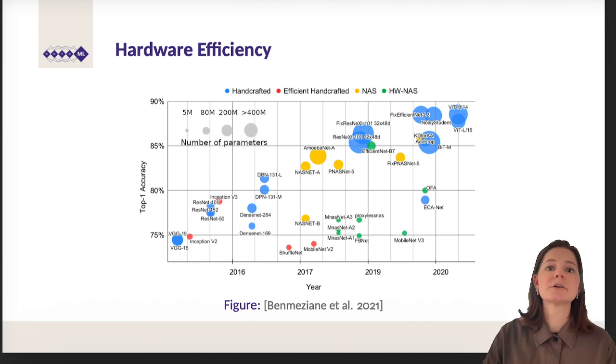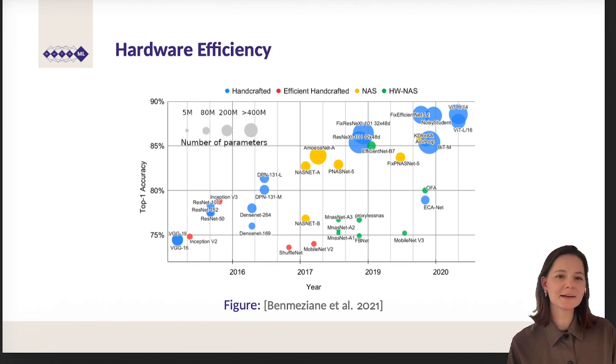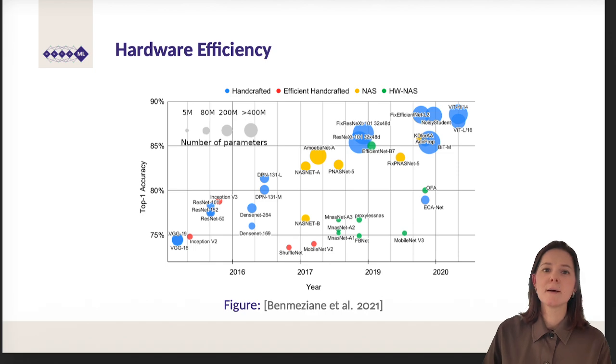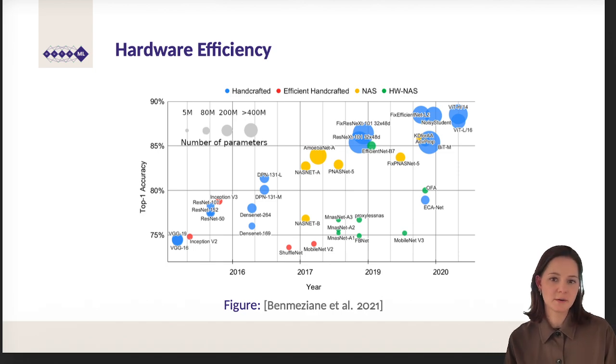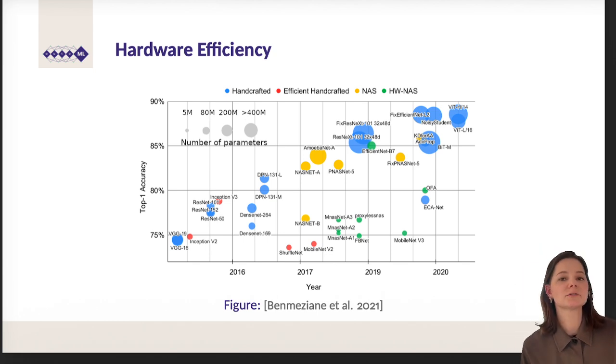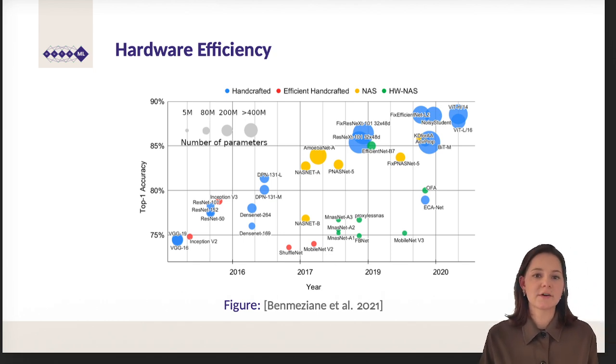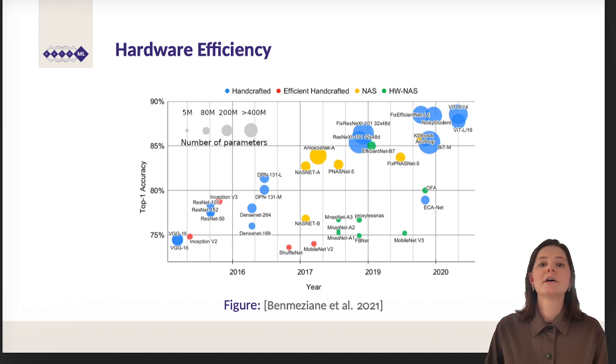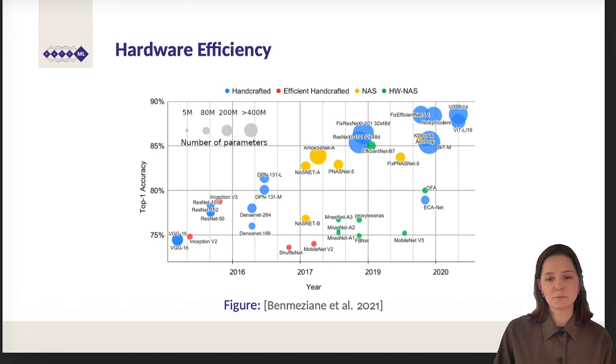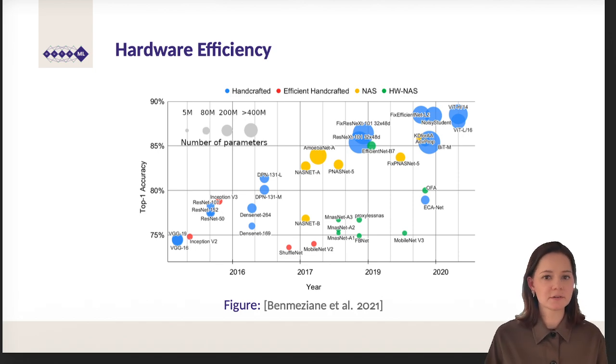What we can see is, for example, that hardware awareness, the green circles, in the context of EfficientNet, actually achieves very high top 1 accuracy, but with a lot fewer parameters, improving over current handcrafted networks, the red circles. So everything NAS related actually improves over efficient handcrafted networks. Of course, the bigger the network, the more parameters it has, the accuracy can increase.